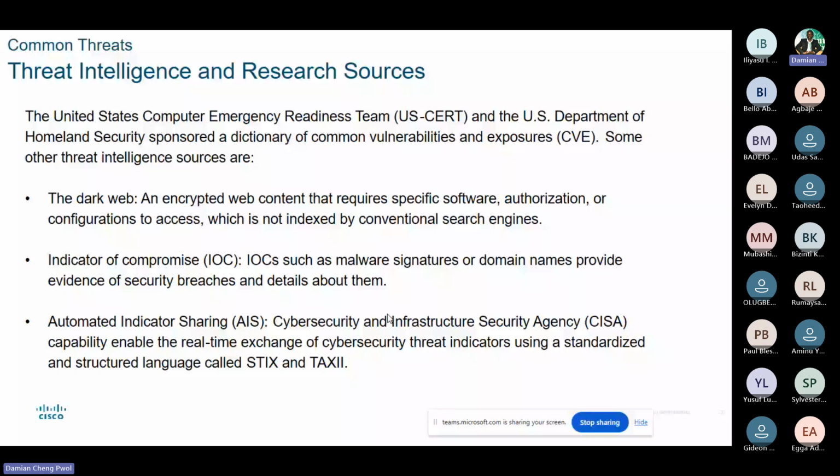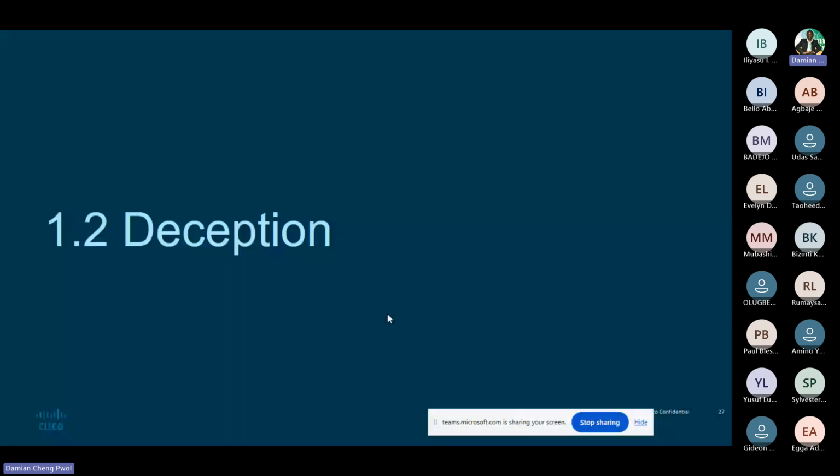Then you use such information and go to some of these resources, which have a dictionary that relates to what you are looking for and gives you detailed information about the threat on your system. So let me pause a bit here before we move to deception.